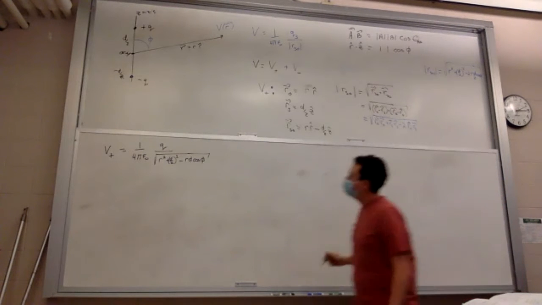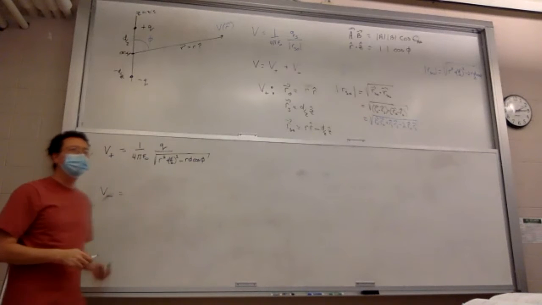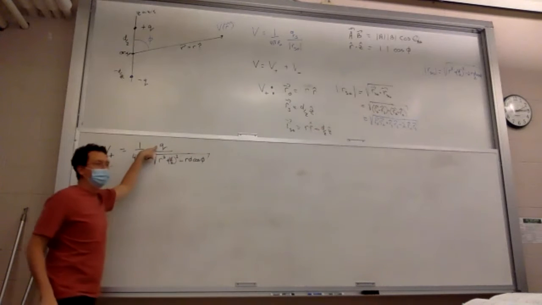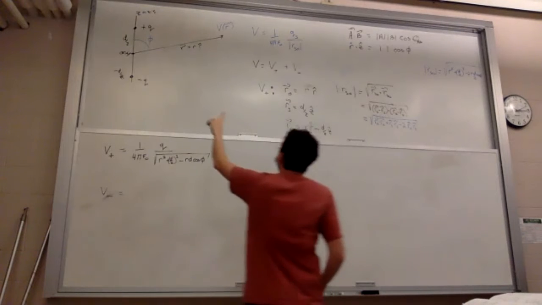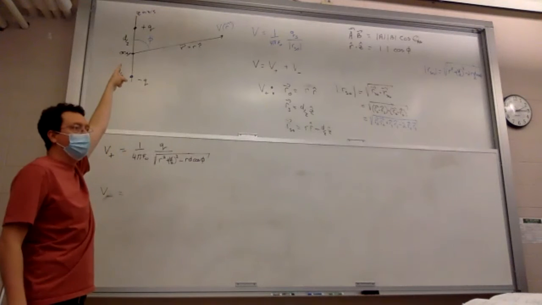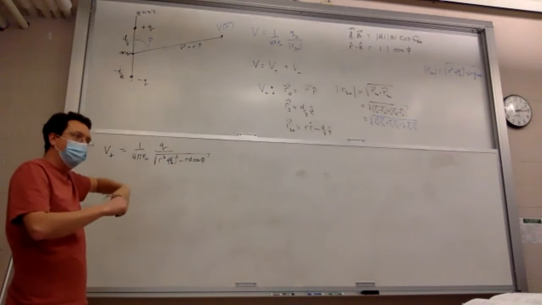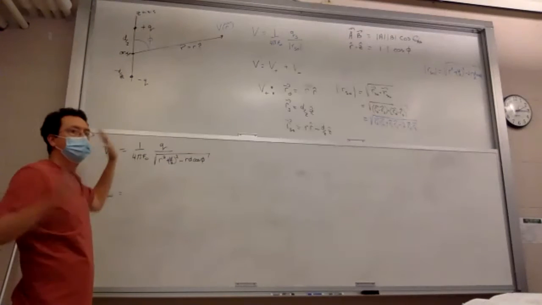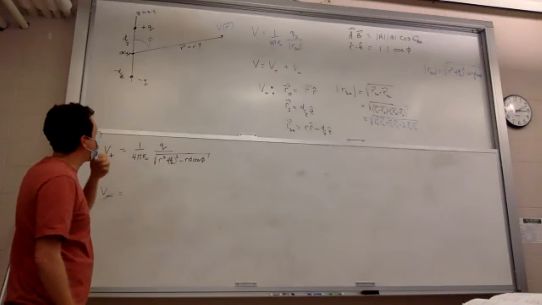All right, what about V minus, the negative charge? Holy cow, do we have to go through this whole process again? Not really, because first of all, the charge changes sign, so you just get a minus sign out front. And everywhere we had a positive D before, it's going to become a negative D when you work out RSO. So everywhere you have D, make it minus D. Everything else is exactly the same. What about your angle?